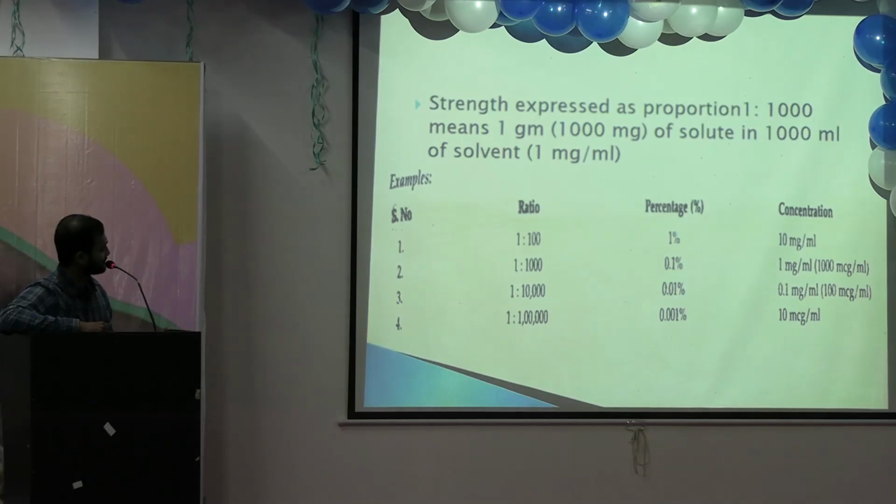Next is 1:10,000, which comes to 0.1 milligram per ml. So in the same way, for the 1:1 ratio, it comes from 10:900. So 1 milligram is equal to 1000 microgram.